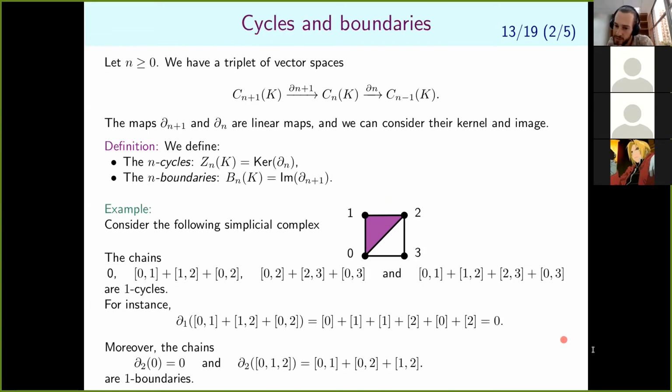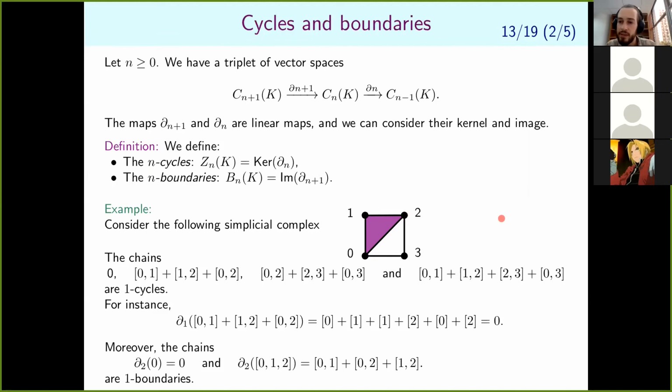I have a question by Lucas. What's the intuition of the boundary being 0? This is a very important question. What is a cycle, an element of the cycles?